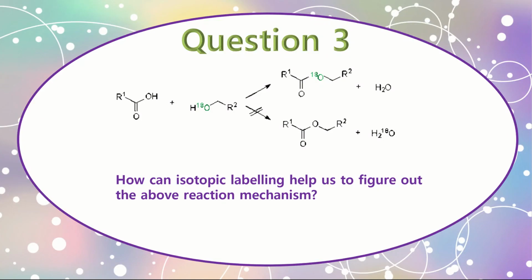All right, so that leads us now to question 3, which says, observing the reaction that we see here, how can isotopic labeling help us to figure out the above reaction mechanism? So let's look at this. We're seeing here that we have replaced this oxygen isotope with oxygen-18.